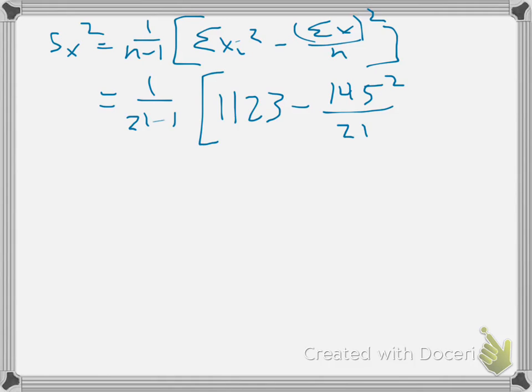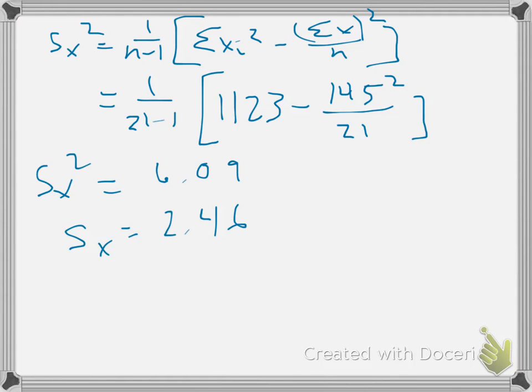And n was 21. So we have 1 divided by 20 times 1123 minus 145 squared divided by 21. And I got a whopping 6.09. So this was the variance again, and now I should just have to square root this to get my standard deviation, and I get 2.46.